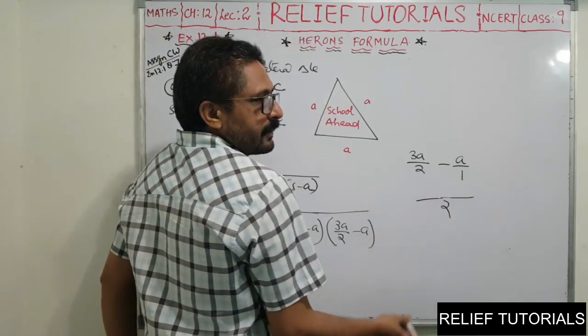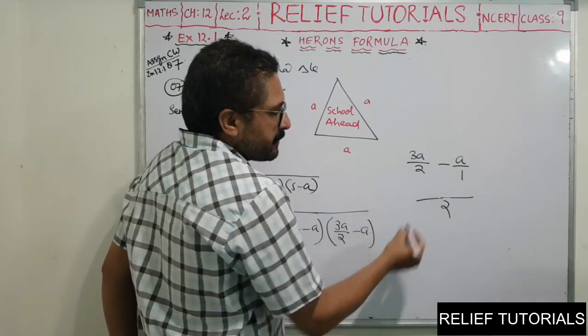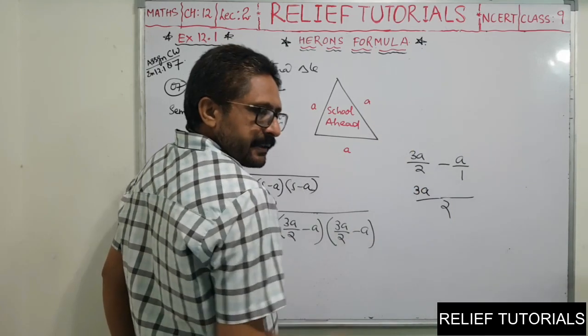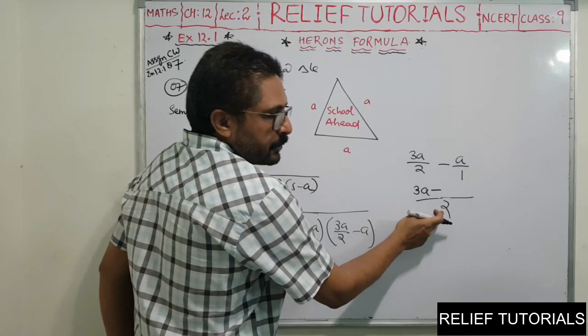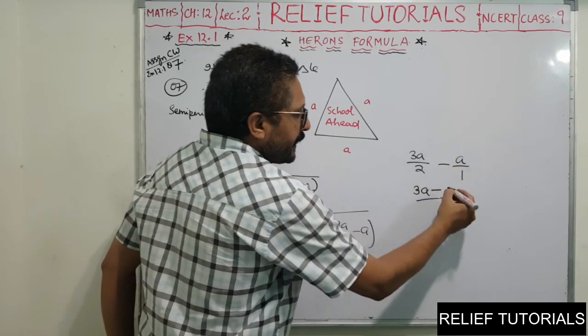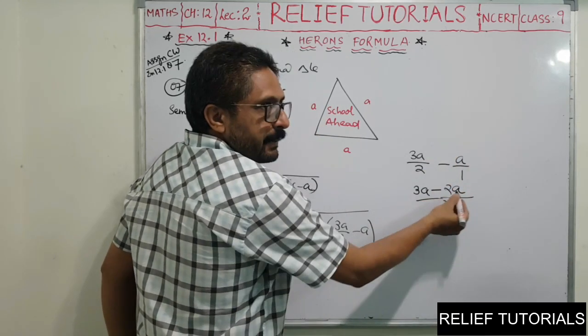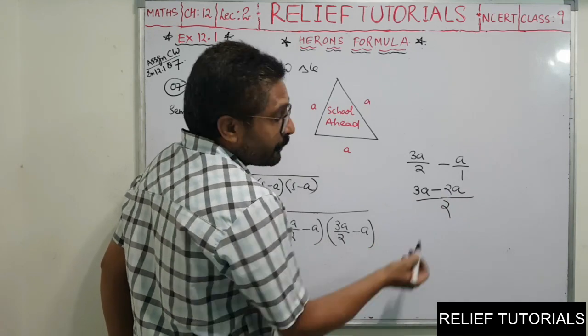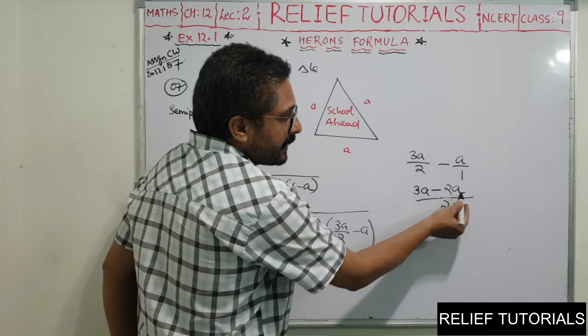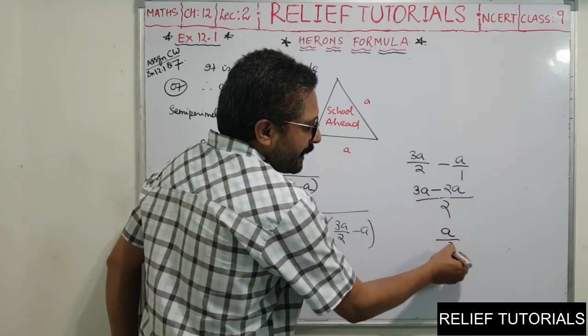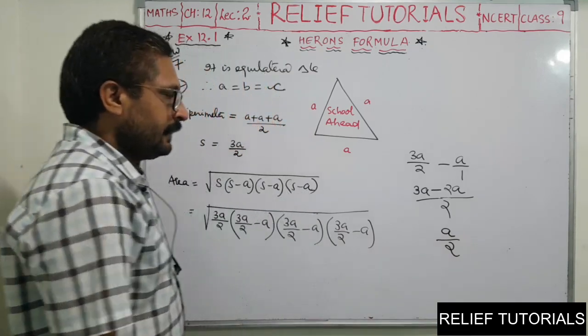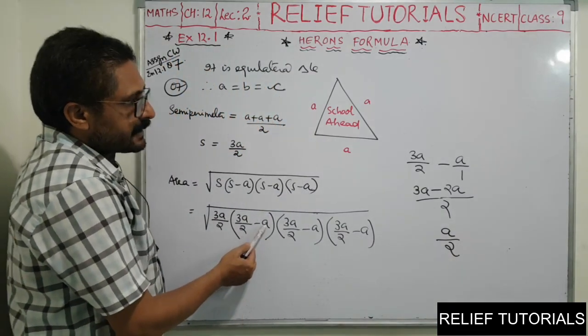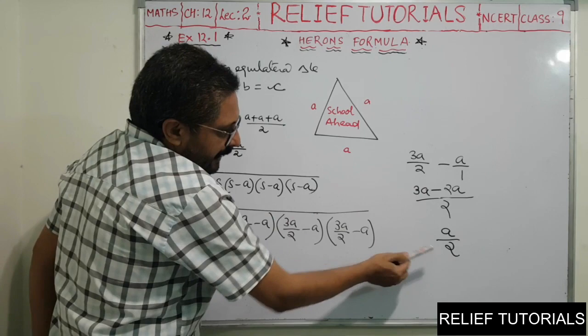You know, 2. So LCM and denominator same. So numerator as it is 3A minus 2 into 1, 2; 2 into A, 2A. 3A minus 2A, both are like terms, so you can subtract these two terms. 3A minus 2A is equal to A by 2. So 3A by 2 minus A is equal to A by 2.